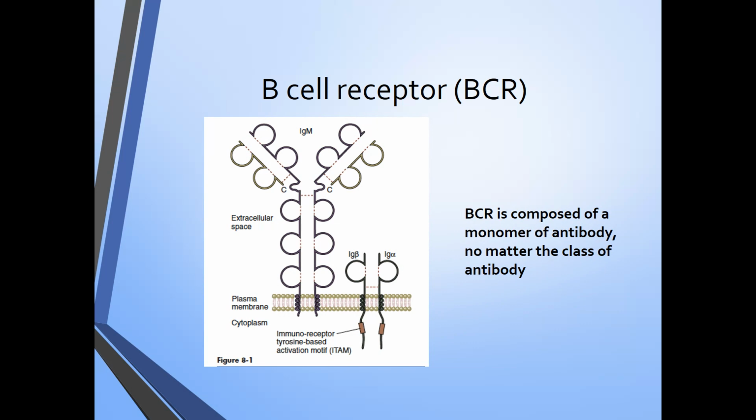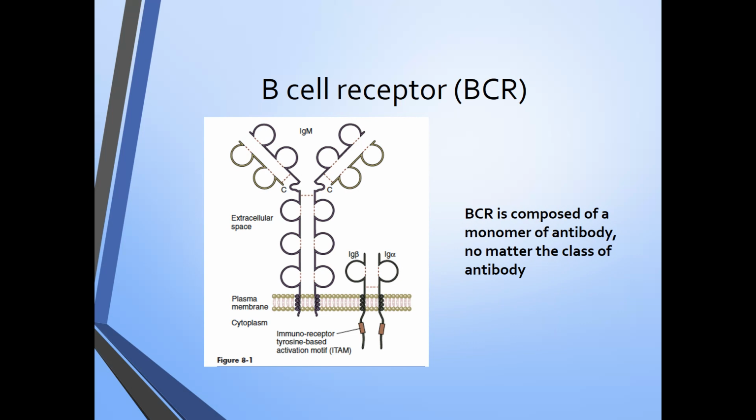So, the B cell receptor, or BCR, is composed of a monomer of an antibody, no matter what class of antibody. That means whether it's an IgM, IgA, IgG, or IgE B cell, it is still a monomer.